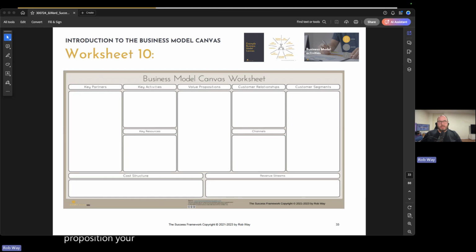Your customer relationships, examples of those relationships, and the questions you want to ask yourself. Then you want to look at channels. What are the different phases? And then what are the questions you want to ask yourself? Customer segments, defining your customer segments, asking these questions. And then hopefully the easiest part is your cost structure, asking these questions, and your revenue streams, asking these questions. Doing all of that should give you your business model canvas all completed.